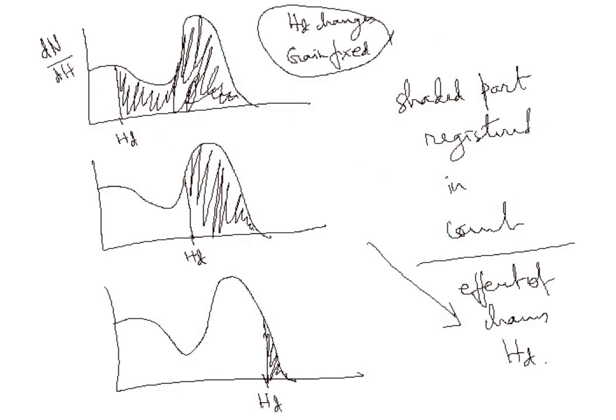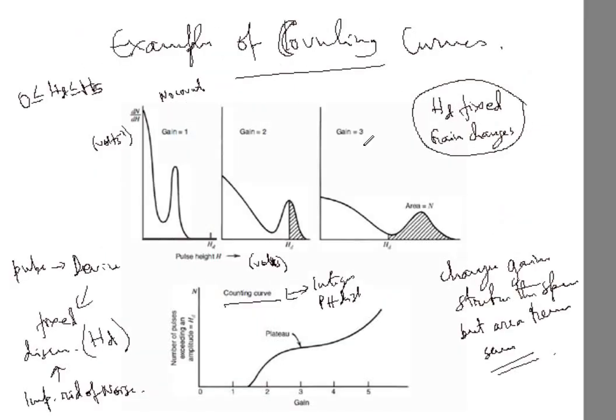Now it is important to note that in certain detectors like the GM counter or scintillation counters, the gain can be varied by changing the applied voltage to the detector. Although the gain may not change linearly with voltage, the qualitative features of the counting curve can be traced by a simple measurement of the detector counting rate as a function of voltage. Most of the time during an experiment, the first thing we have to do is to select an operating point which has maximum stability, and at that point, the plateau, we always try to find it.